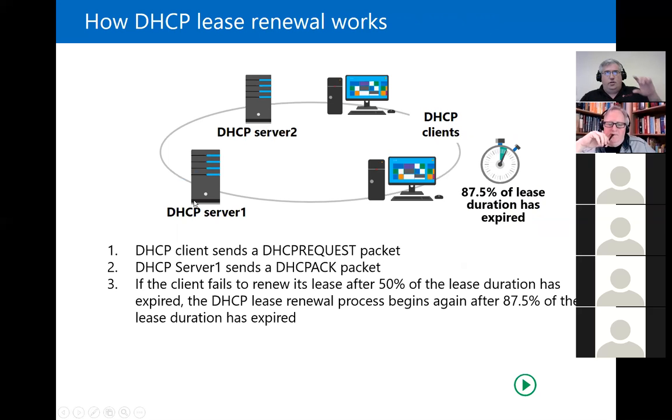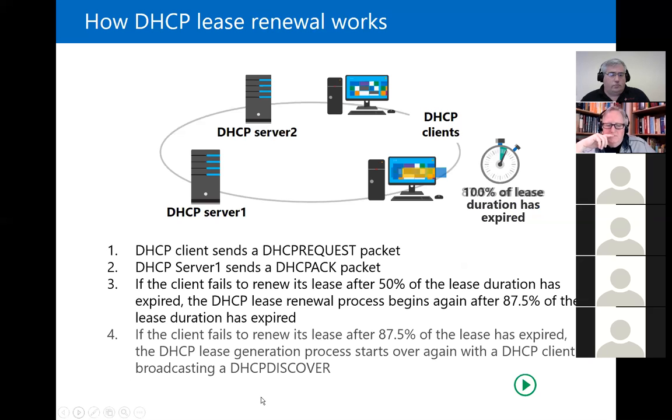And then you can set the duration for the lease at the server. So sometimes you want it quick, sometimes, like in our case, it's normally around 8 days or so, but you can set it to whatever you want. And then if it loses its lease, it will try the whole broadcast and everything again until it finds another DHCP server.